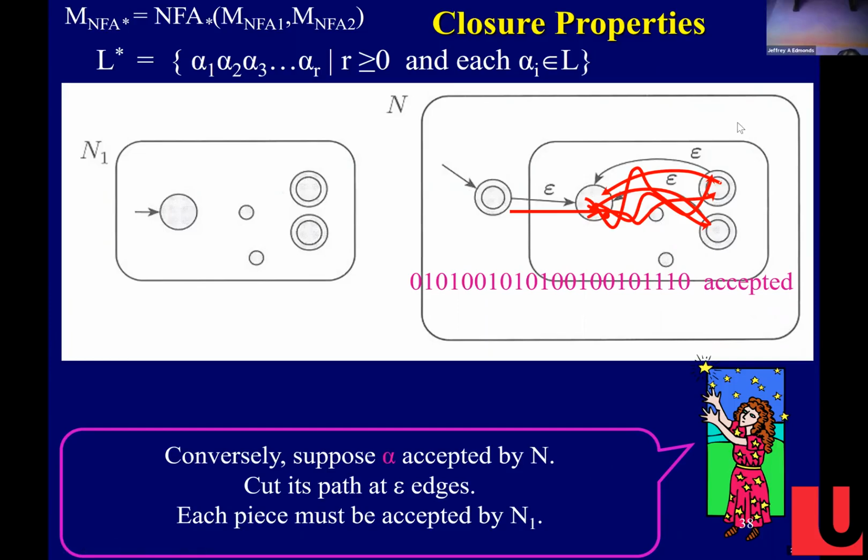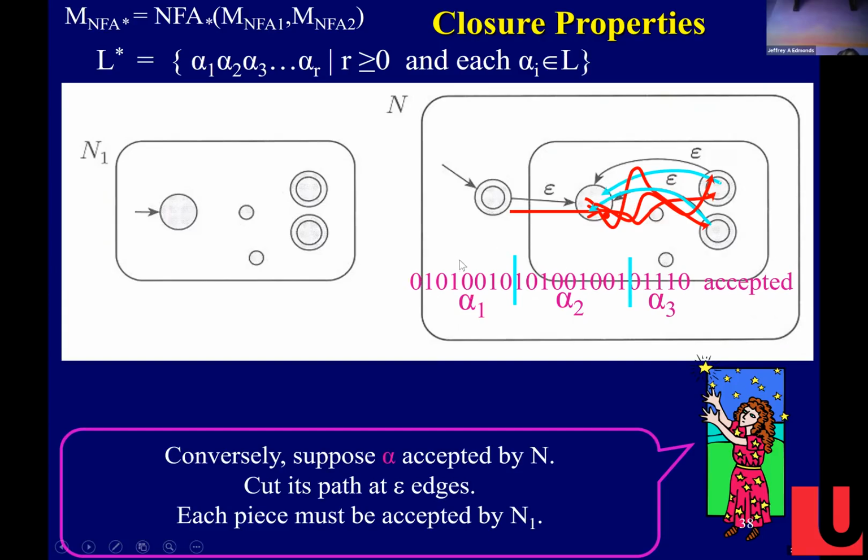Every time it does one of these back epsilon transitions, I'm going to cut the path into pieces, because when you do this epsilon transition, you're committing to ending one alpha and starting the next alpha. So I take this path and I cut it up based on when you do those transitions.